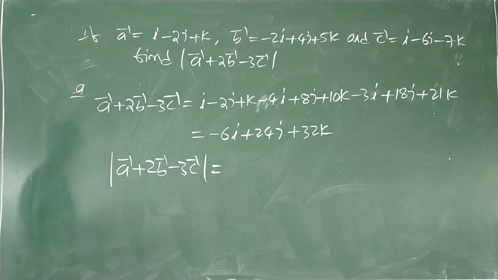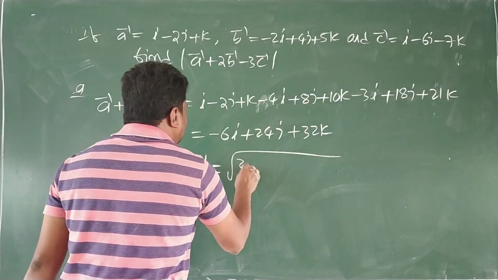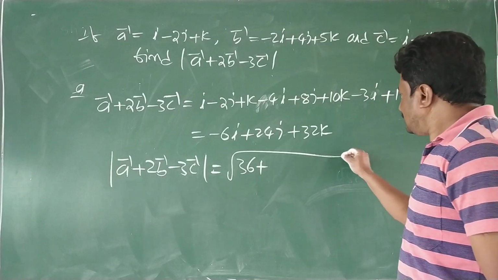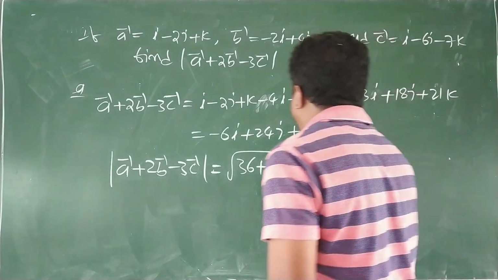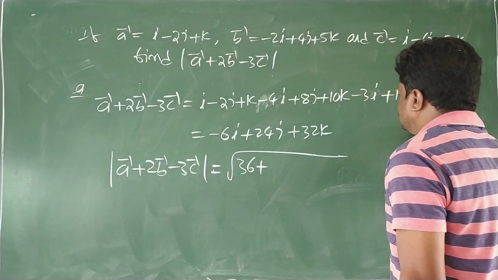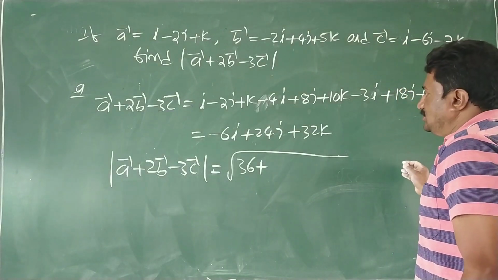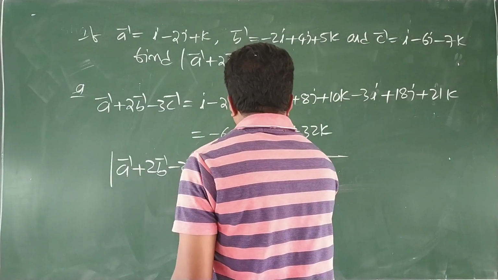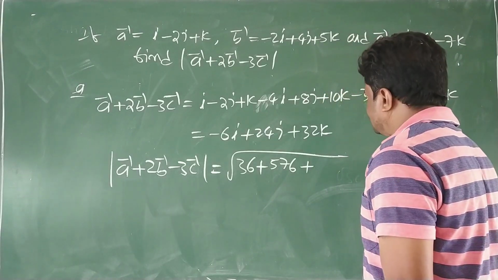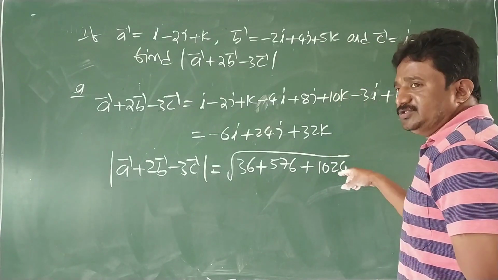Magnitude means root of the sum of squares: 6 square is 36, 24 square is 576, plus 32 square is 1024. Tell me this total: 1636.